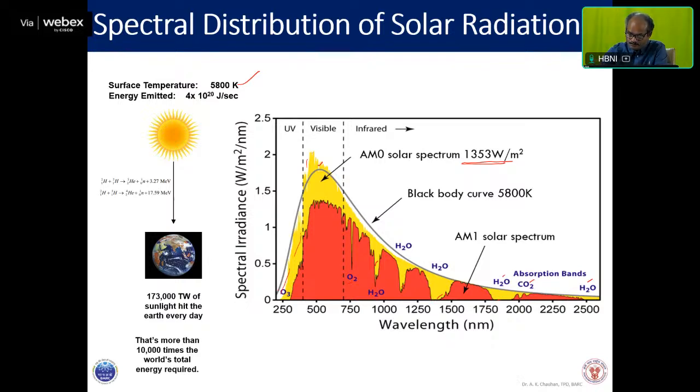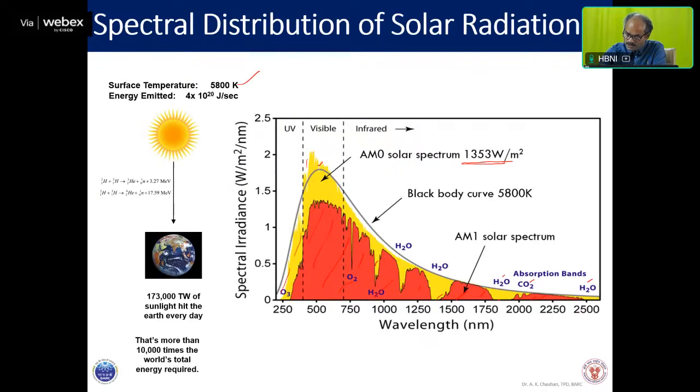And then as soon as it comes down inside the Earth, the total intensity or total energy reaching is less than this, approximately 1000 watt per meter square, and direct is about 800 watt per meter square.